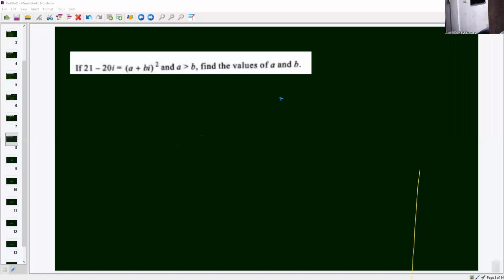Okay, so game. Okay, now guys, you start sa kanan. When you expand this, it will become a squared plus 2abi plus b squared i squared. Tama ba?